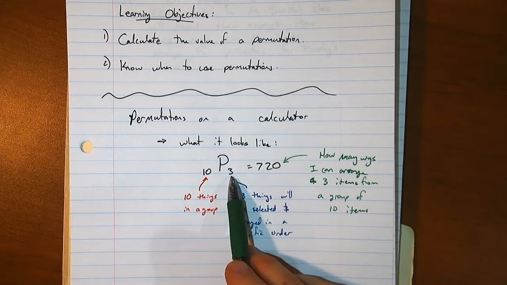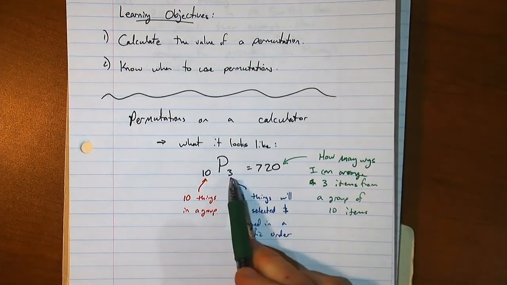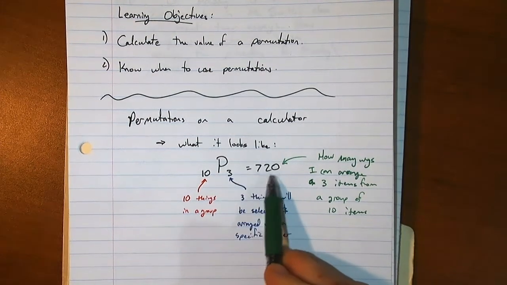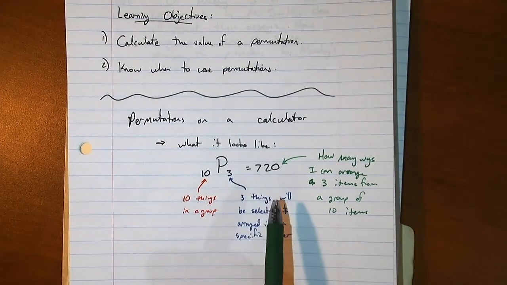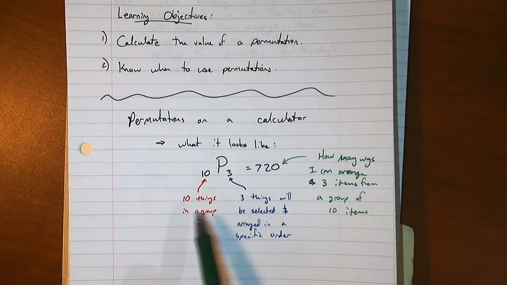Or maybe the runner from Russia gets the gold and the second place runner is from Japan and the third place runner is from Georgia, whatever. All of those would be different outcomes. And that's what this 720 represents, the total number of different ways that 3 runners could get the medals in a race that has 10 runners in it. So that's the idea of a permutation.